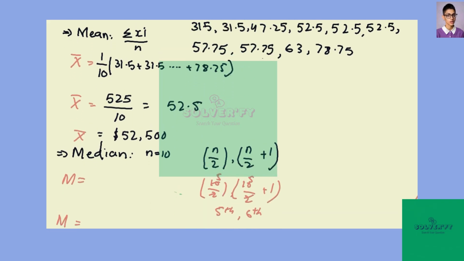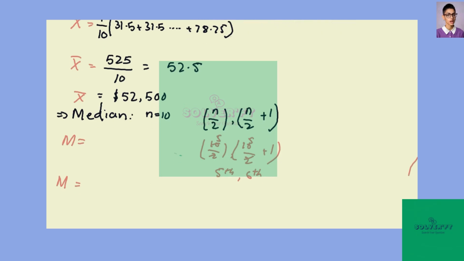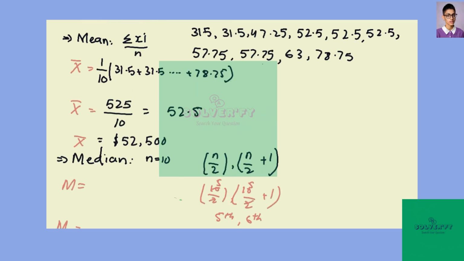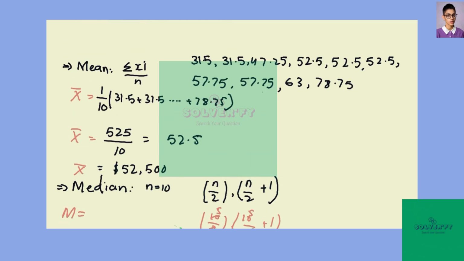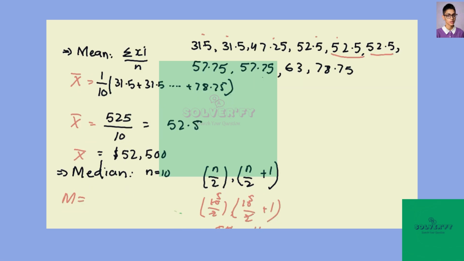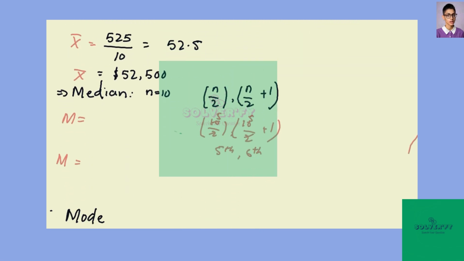Now to find the median, because the number of observation is same, it is 10, so it will be by this formula, and we have to look on the fifth and sixth place of the data. So let's find it. 1, 2, 3, 4, 5, this and this. That is 52.5, 52.5. 52.5 plus 52.5 and divided by 2, because there are two observations, so we find the average.